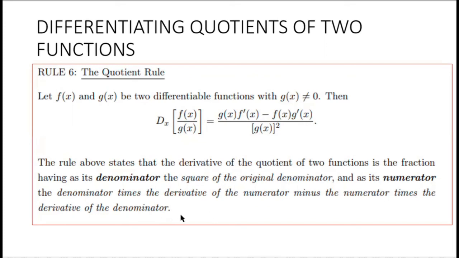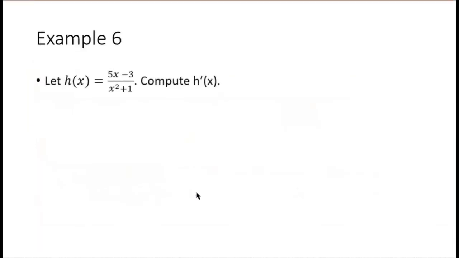Okay, let's try an example for this rule. Let the given function h of x is equals to 5x minus 3 over x squared plus 1. We're going to compute the h prime of x or the derivative of a function h of x.